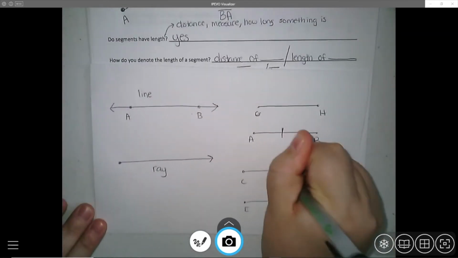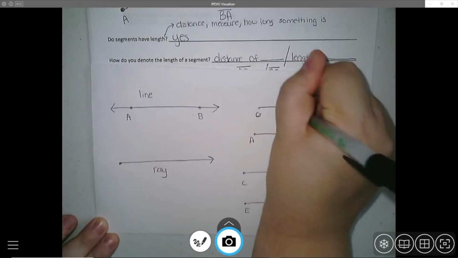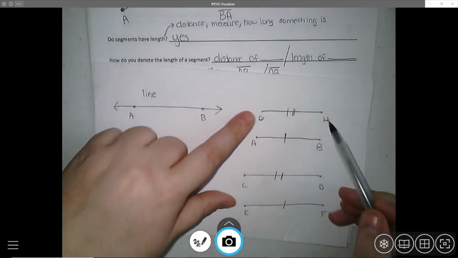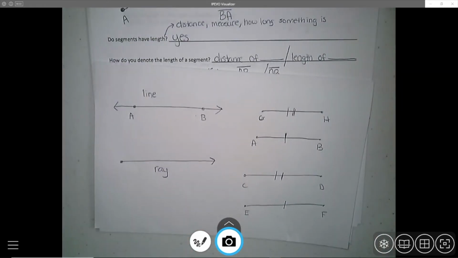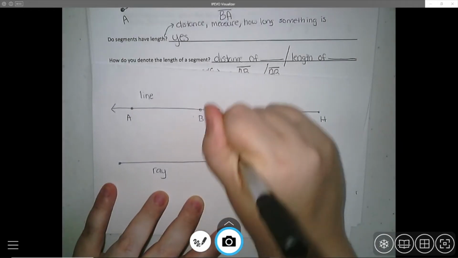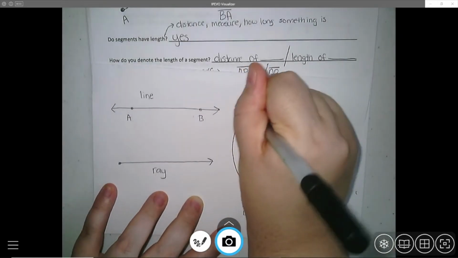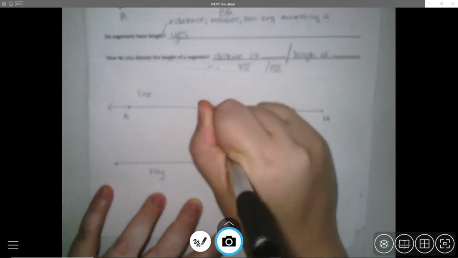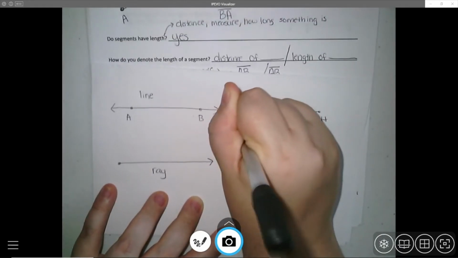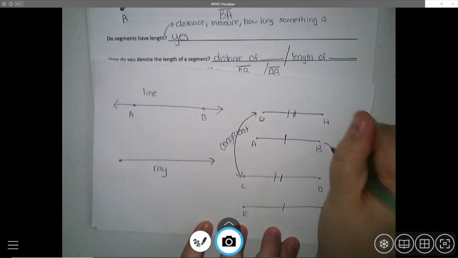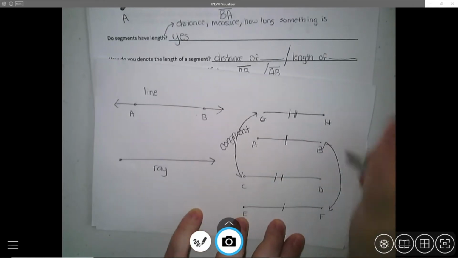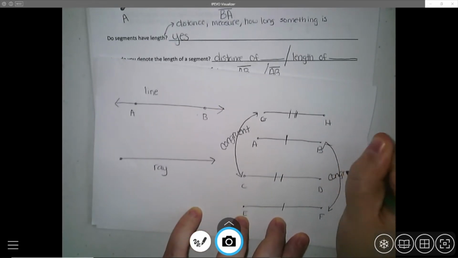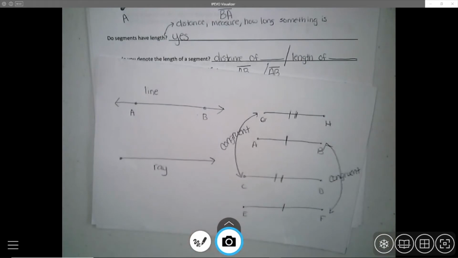Then if I would have 2 tick marks, they're basically 2 lines on CD and GH, those 2 pieces are congruent. So CD and GH are congruent because they have the same number of tick marks. Same thing with AB and EF. Those are congruent because they have the same number of tick marks.